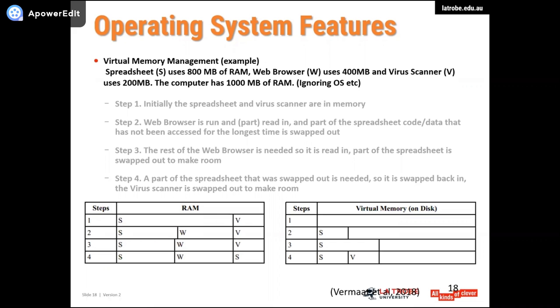Then we transfer some spreadsheet data from RAM to the virtual memory to make some room for the web browser. Later, since we may open more web pages, we need more RAM. So we move some more of the spreadsheet from RAM into the virtual memory, and then we give more RAM space to the web browser.